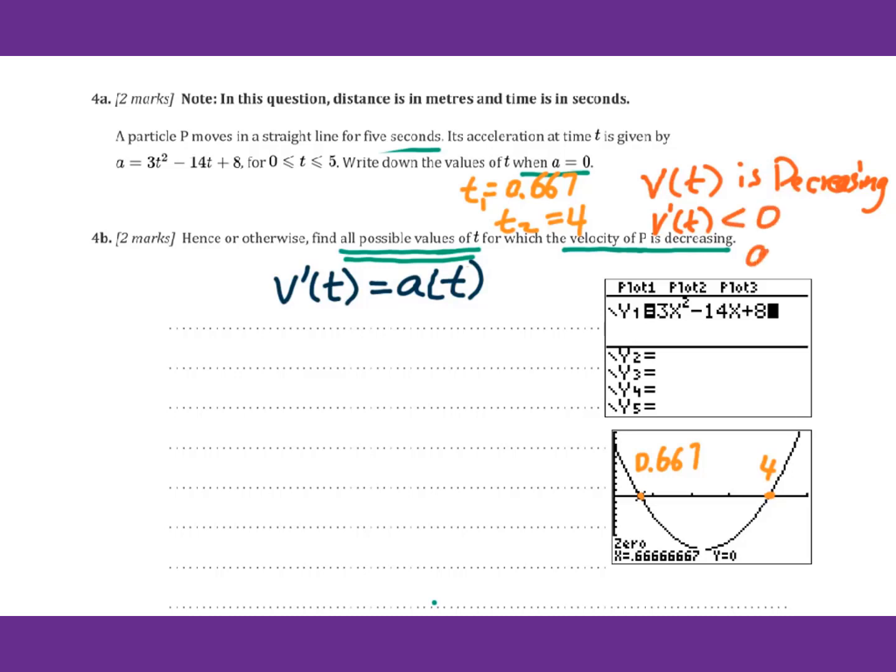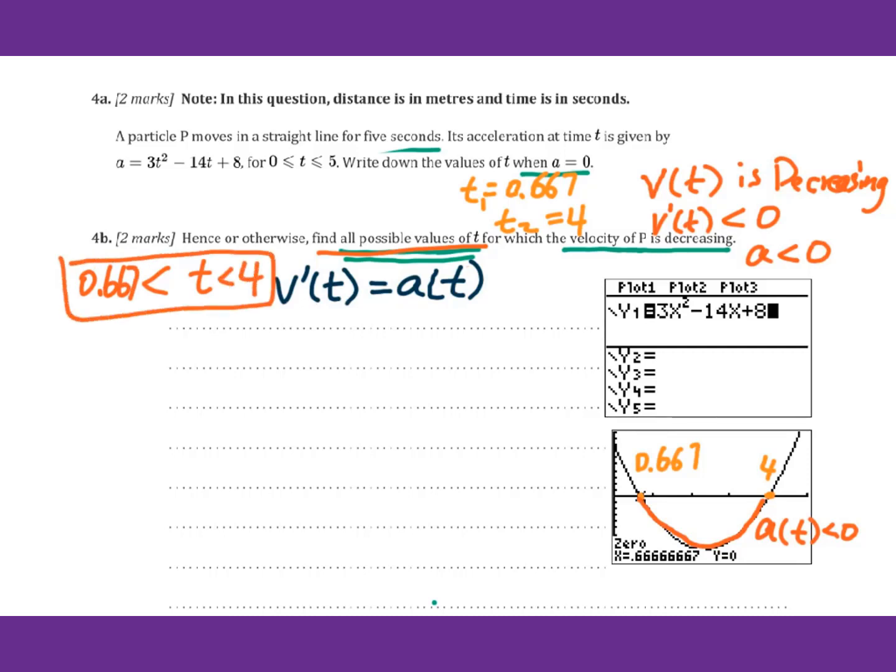In other words, a less than 0. From the graph, we see from here to here, that's a of t less than 0. Therefore, all possible values of t will be between 0.667 to 4. This will be the solution to 4b.